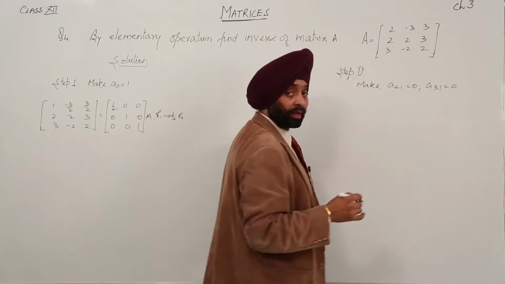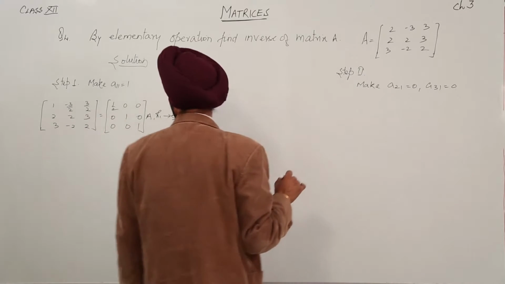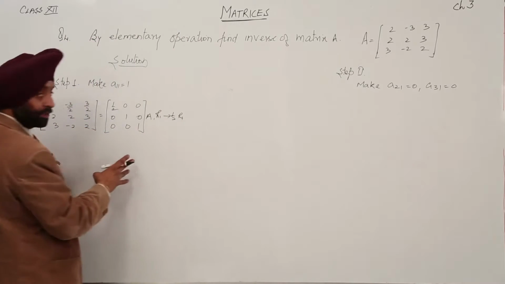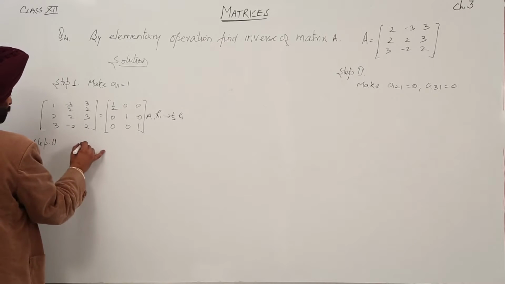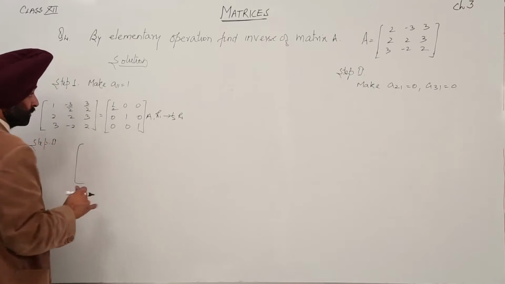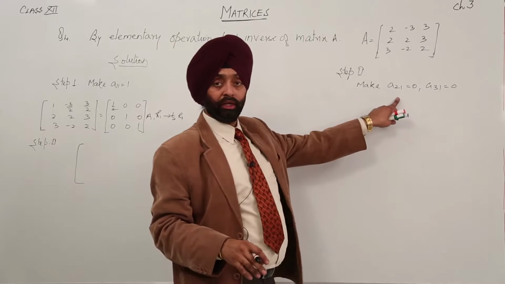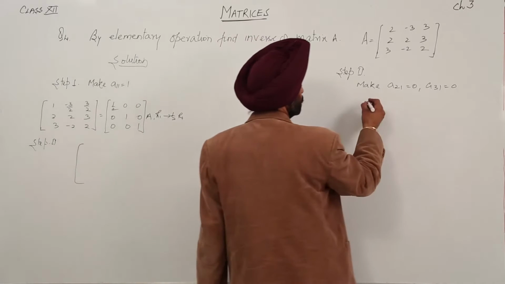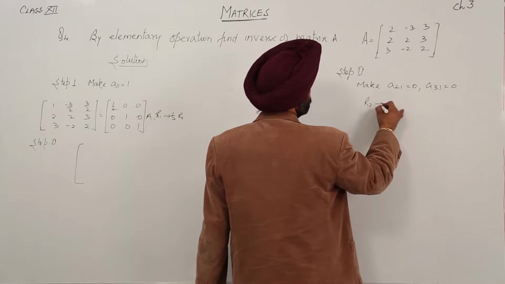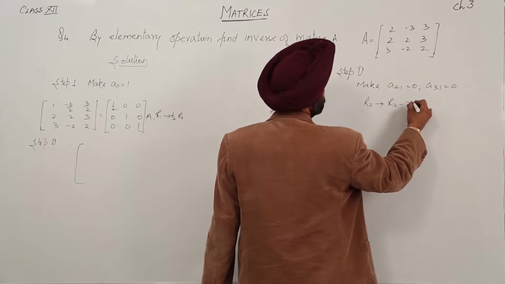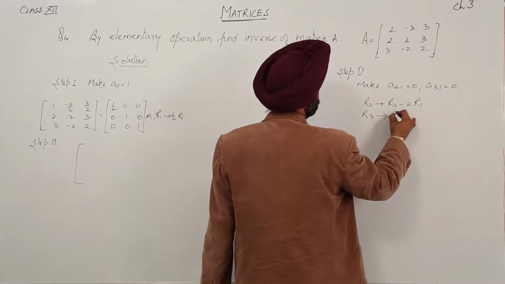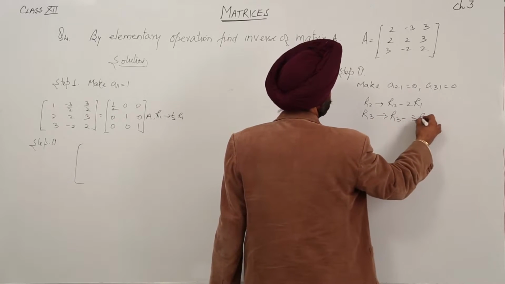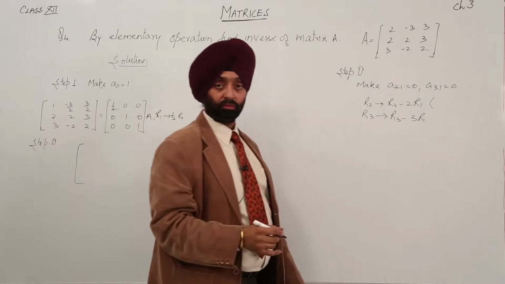Now what we are applying for this part, let me write this side only, directly. Okay, now step 2. For step 2 we have to change A21 and A31 now. R2 approaches to R2 minus 2 R1 and R3 approaches to R3 minus 3 R1. Now what steps have we taken here?